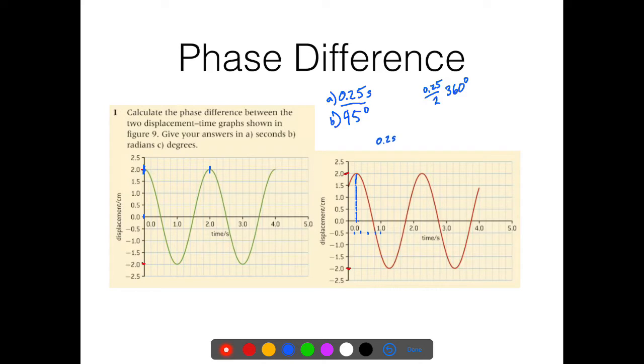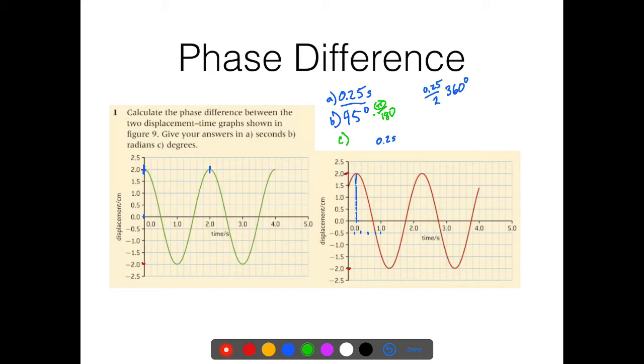From there, you can then turn that into radians. Some of you will know already that 45 degrees is pi over 4. If you don't, then remember to get from degrees to radians, you just multiply by pi over 180. If you multiply by pi over 180, then you should get 0.25 pi.